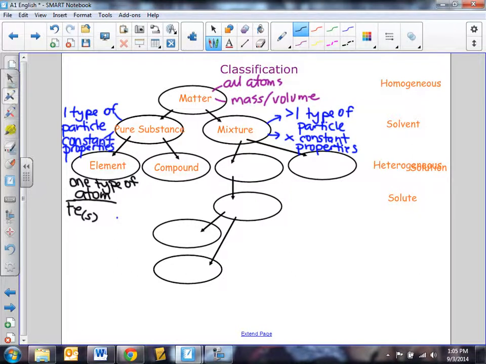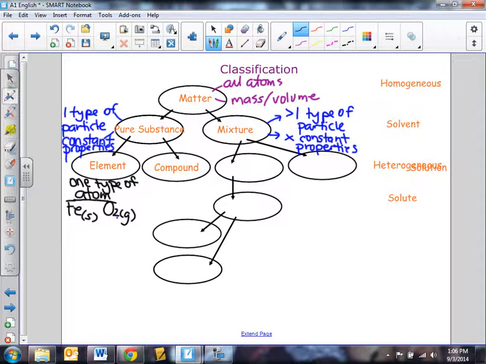Something else that is also an element is O2 gas. That's oxygen gas. Notice how there's a 2 there. So I have more than one atom, but I only have one type, and that's the key. So when I'm looking for an element, I'm looking for one symbol. If there's only one symbol in that substance's setup, then it is an element.